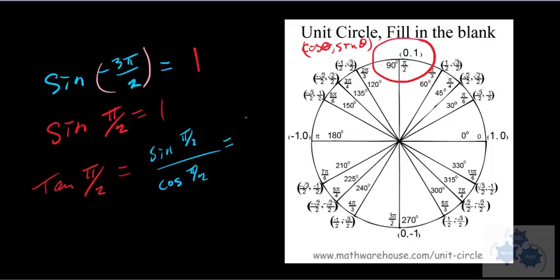So what is 1 divided by 0? Yeah, undefined. So you get to this point, you can just say it's undefined. There's an asymptote on the graph. Just undefined, no real number. So tan of pi over 2 is 1 over 0 or undefined.